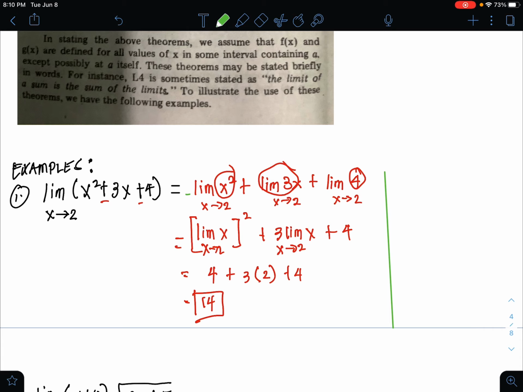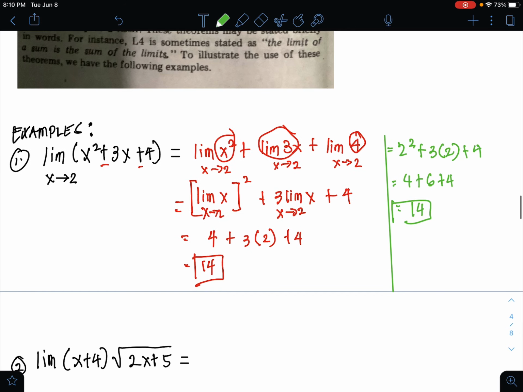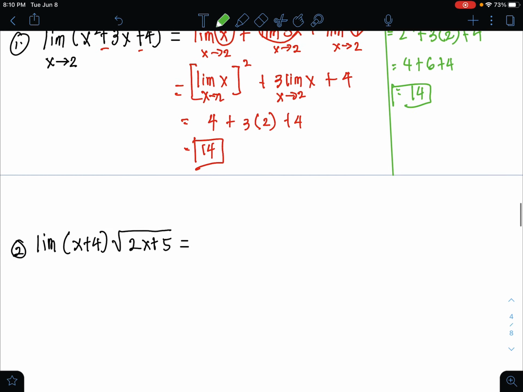But if it is not in the instruction, you just direct substitute it. So just simply do 2 squared, plus 6, plus 4. So this is 4 plus 6 plus 4, equivalent to 14. Right? Okay. But then again, if it says use the theorems of limits to solve the problem, then use the theorems of limits.